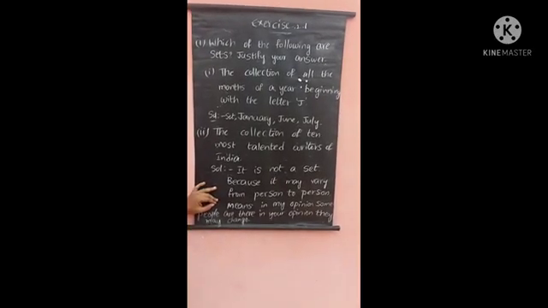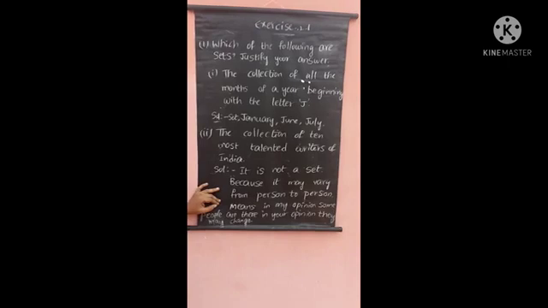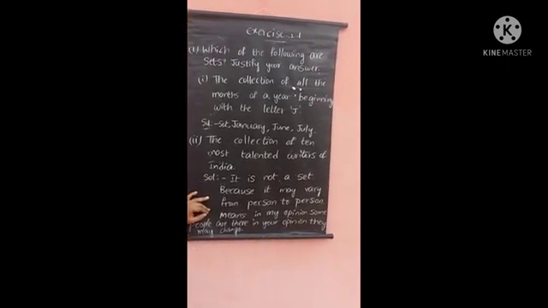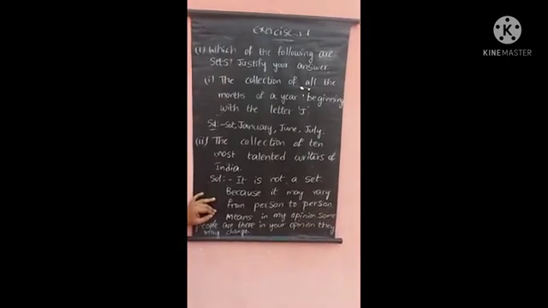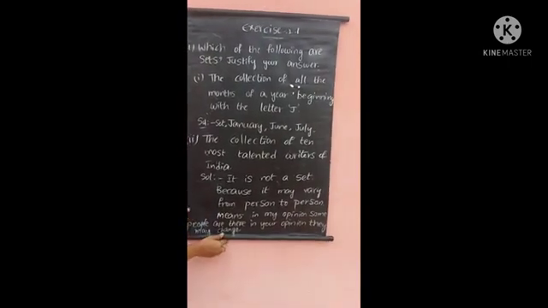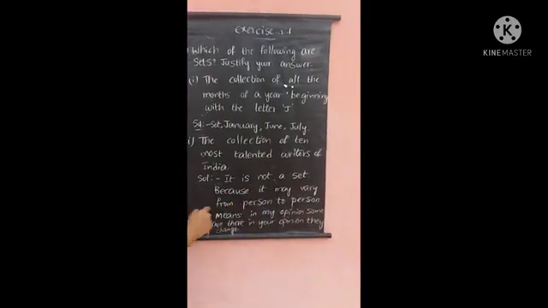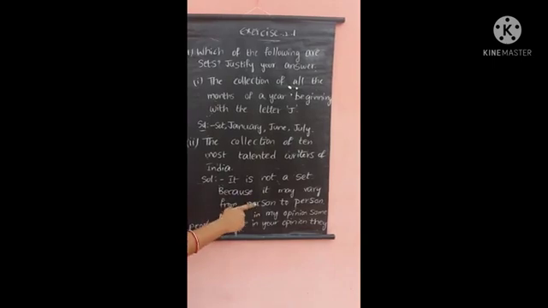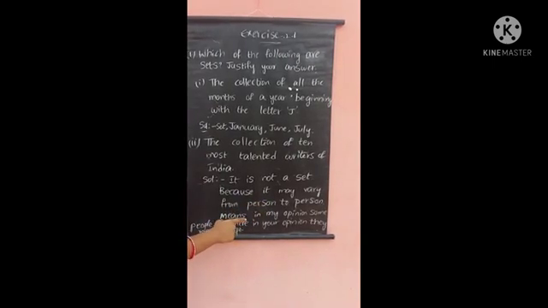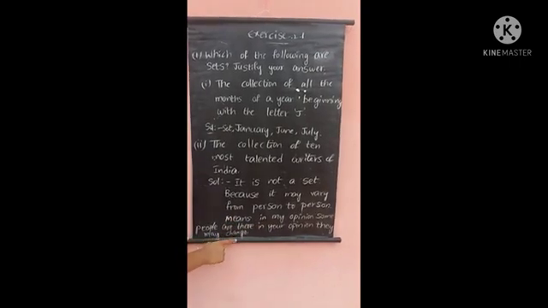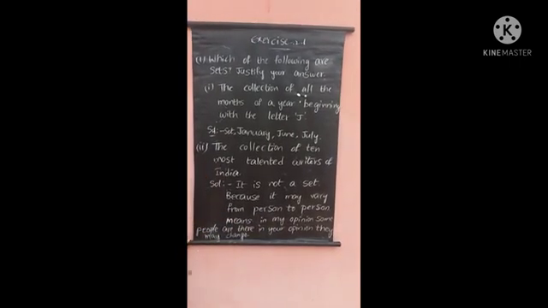In my opinion some persons will be there, in your opinion other persons will be there. Here, most talented writers means we cannot decide. So it is not a set and it is not well defined. It may vary from person to person. So it is not a set.